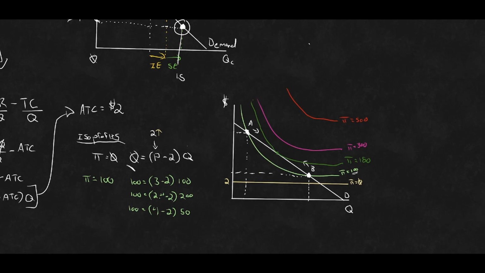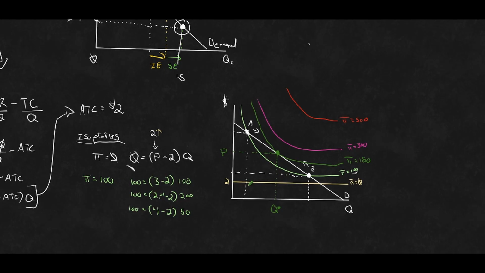And what we see is, hey, it just touches only at one point, such that this is the highest possible isoprofit curve that is even touching this demand curve. And what we get is our highest total profit that is possible to be obtained. We get Q star, our profit maximizing quantity, and we get P, the corresponding price that we would then sell this good or service for in order to obtain this highest level of profit available to us.